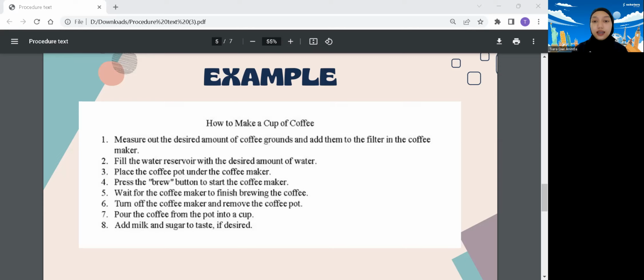Additionally, transitional words and phrases can also signal any exceptions, precautions, or additional information that may be relevant to the procedure text.